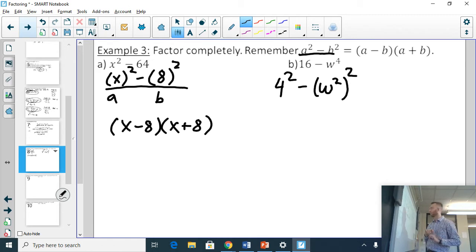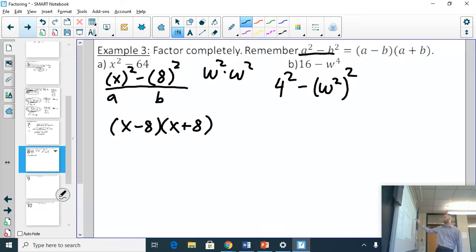That's a law of exponents we have to remember, because if we take w squared and square that, that means times it by itself, so we get w squared times w squared, which gives us w to the fourth. So this is a difference of squares, where a is 4 and b is w squared.